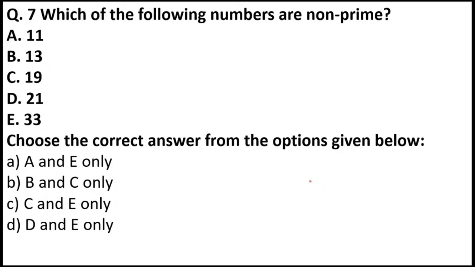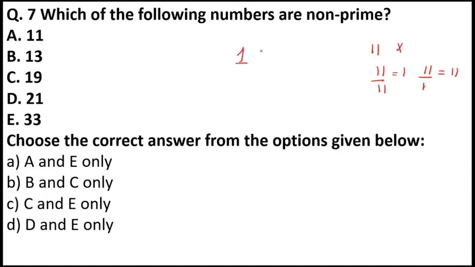A prime number is a number which is divided only by itself and 1. Like if we talk about 11, can any number divide 11? No. 11 can only be divided by 11. 11 divided by 11 is 1, and 11 divided by 1 is 11. So any number that can only be divided by itself or 1 is a prime number.